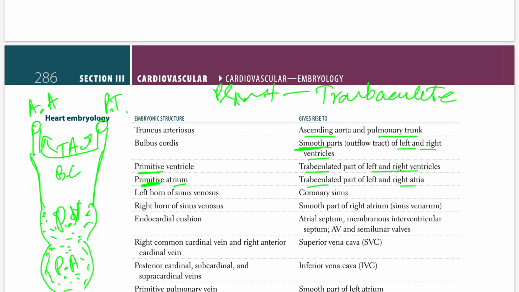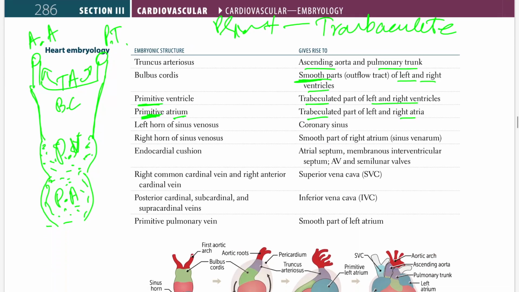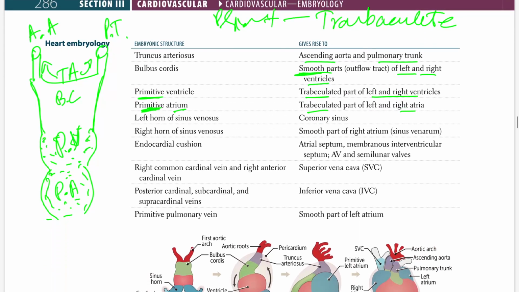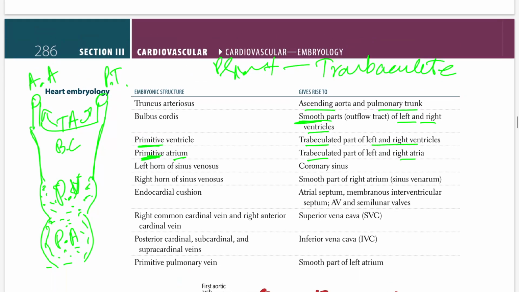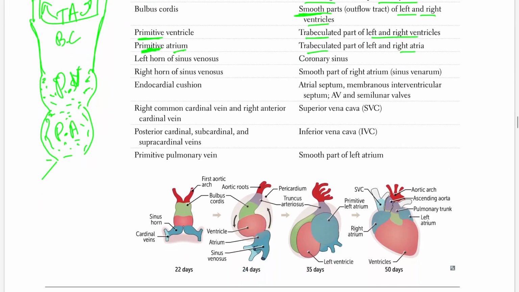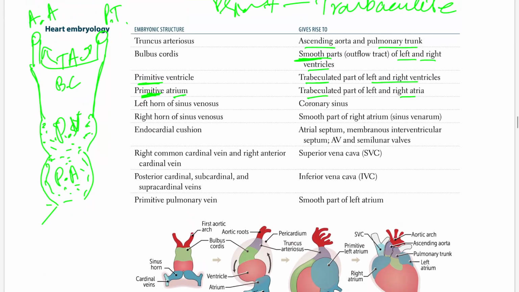Okay, and then what do we have? After the primitive atria, we have sinus venosus. So here's going to be your sinus venosus.